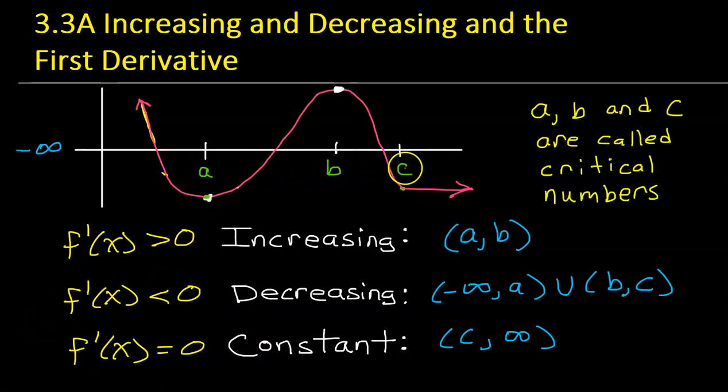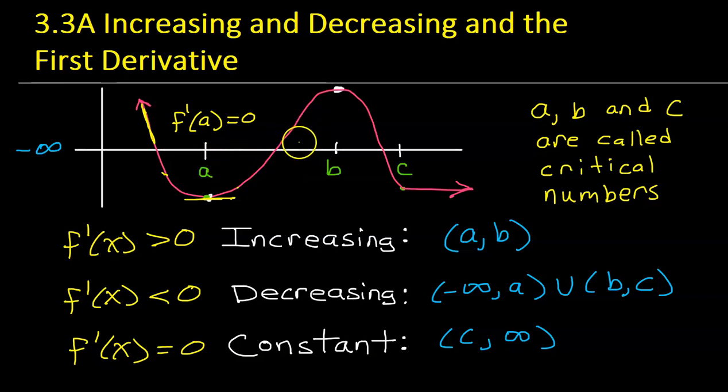A, B, and C are called critical numbers. Critical numbers are values where the derivative is either equal to 0 or undefined. So, for example, the derivative at A is equal to 0. Notice that the slope of the tangent line is 0. That's why A is a critical value.